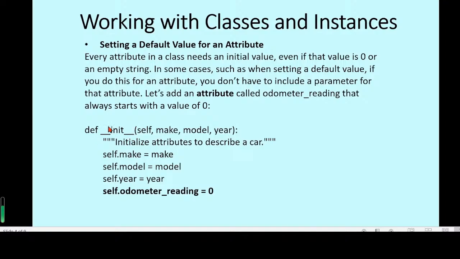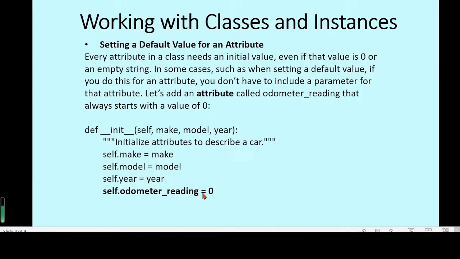So inside the initial method, we can create another attribute called odometer reading, with the initial value 0. So in this initial function, we do not need other information for this attribute, which means when we call this class to make an instance, we do not need to add odometer reading.